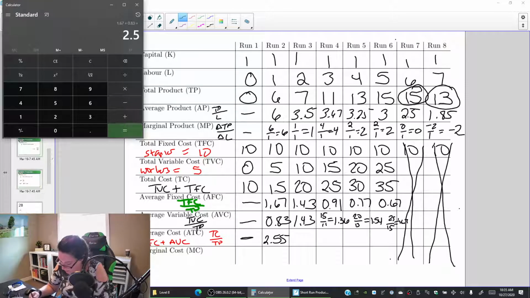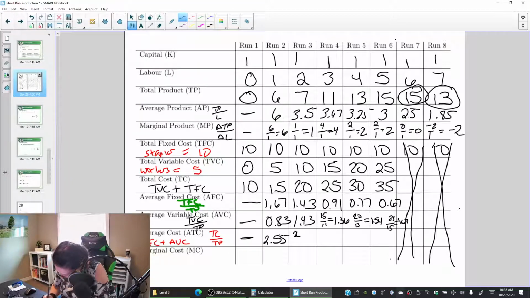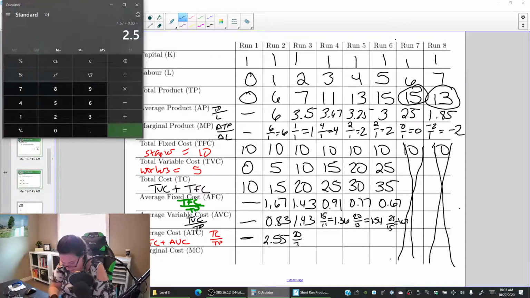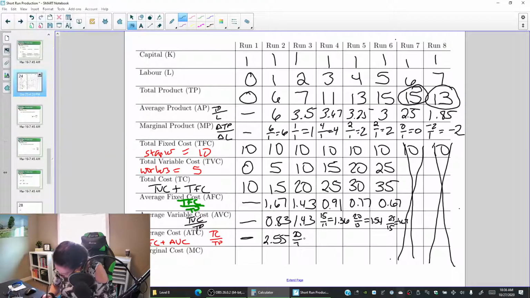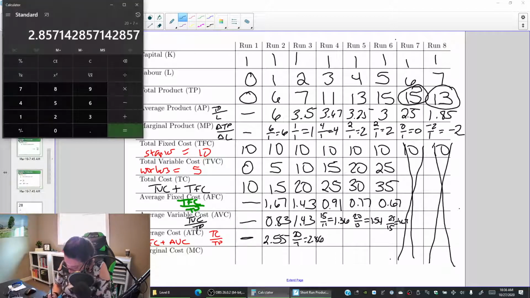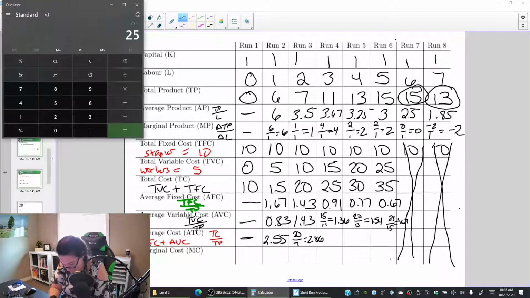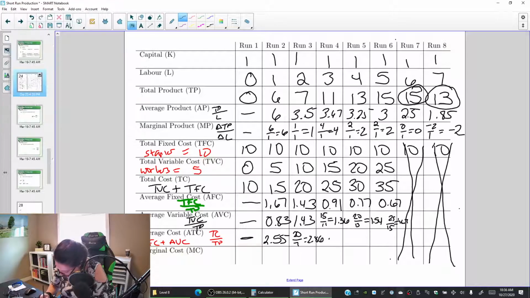All right, so if we have a total cost of 20, we're taking 20 and dividing it by our total product of 7, so 20 divided by 7, we get 2.86. Then we're taking our total cost of 25 and dividing it by 11, and we get 2.27.